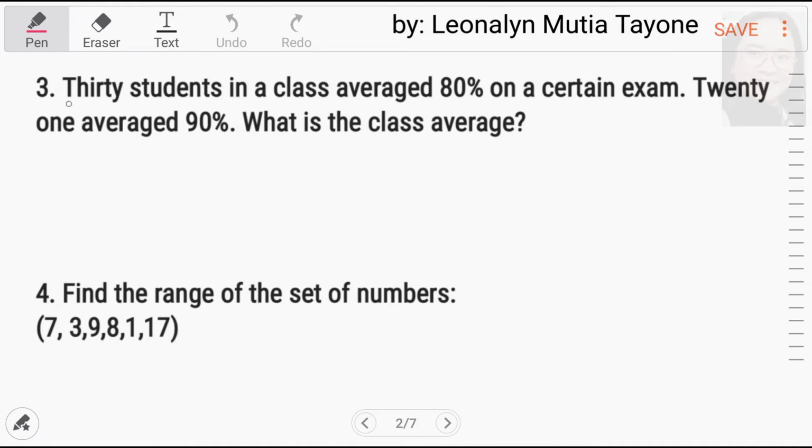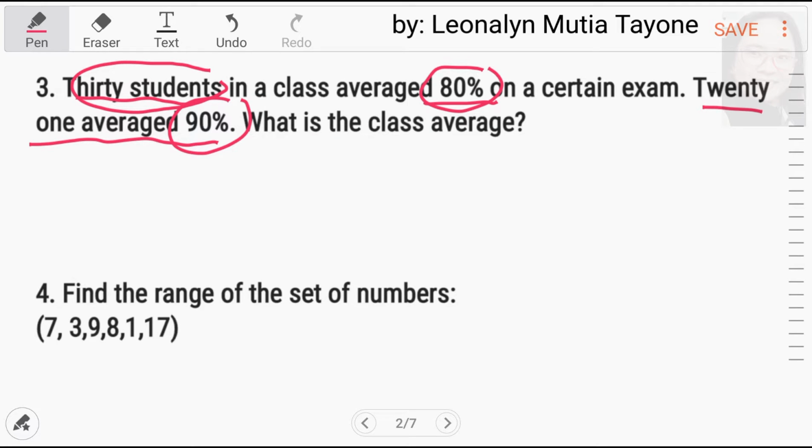Question number 3. 30 students in a class average 80% on a certain exam. 21 average 90%. What is the class average? We're back to averages. A common mistake: some add 80% plus 90% and divide by 2. That's wrong. The given is 30 students, all of them with 80 each.